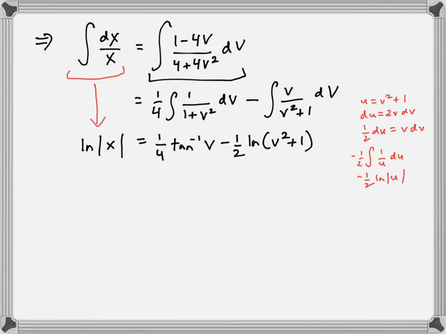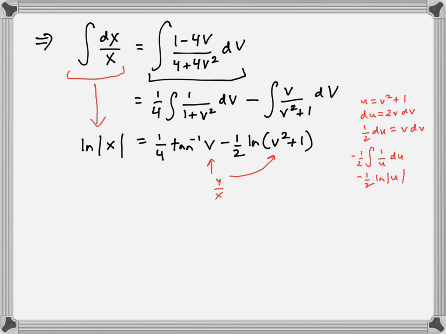So what now? Well, replace v back with y over x. So everywhere you see a v, you're going to replace it back with y over x, and we get the following as our answer.